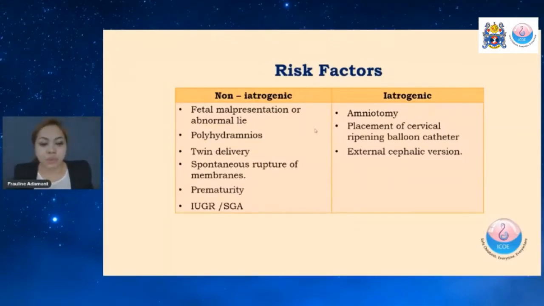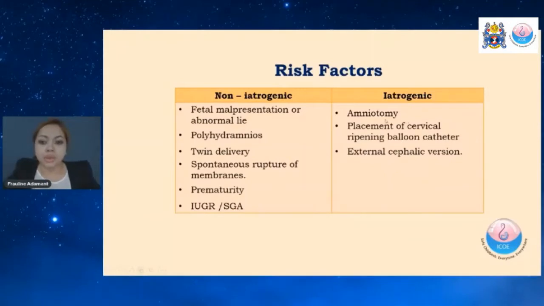For spontaneous rupture of membrane, either SROM or PPROM, the high possibility of the cord slipping out is also there. Prematurity, IUGR, SGA: when the mother goes into preterm labor, the fetus size is small, so there will be more space alongside the cervix for the cord to prolapse.